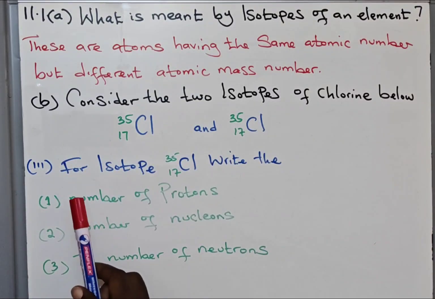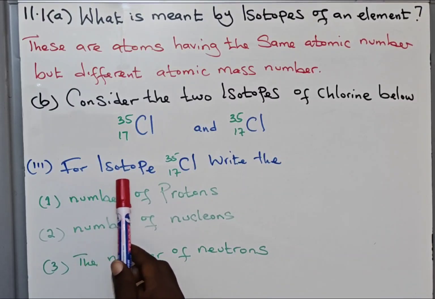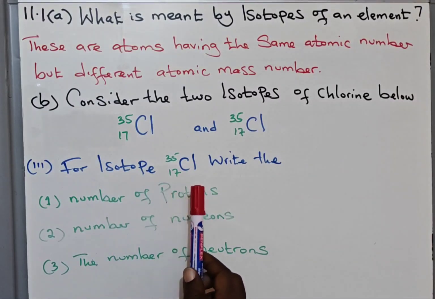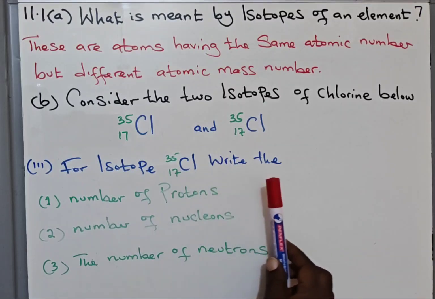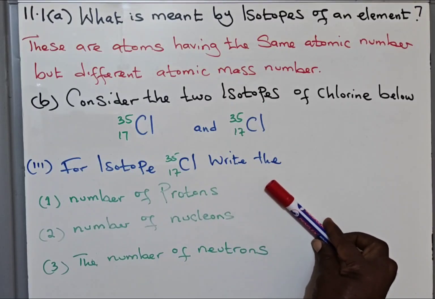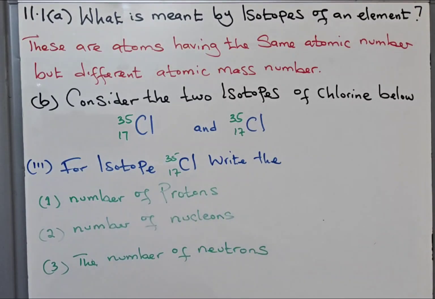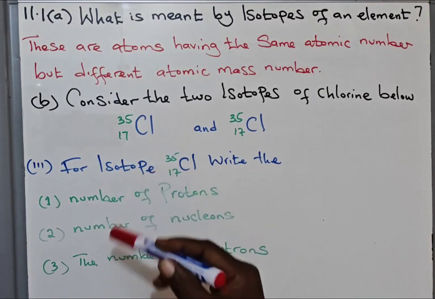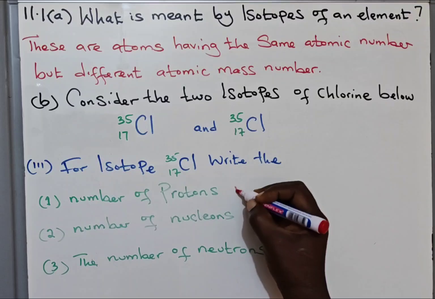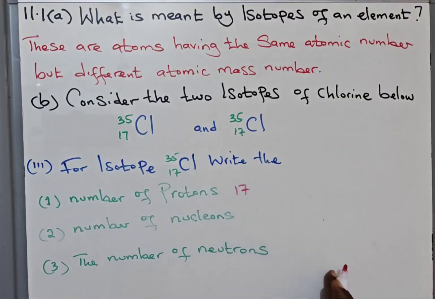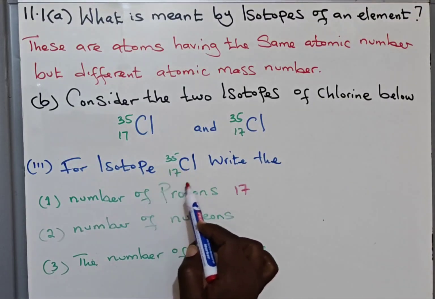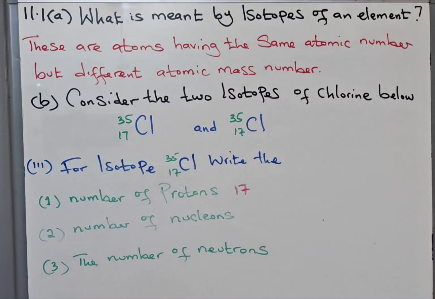Then we come to this one. For this isotope, chlorine-35, write down the number of protons. How many protons are in this isotope? They are 17. The number 17 represents the atomic number, which is also the number of protons.